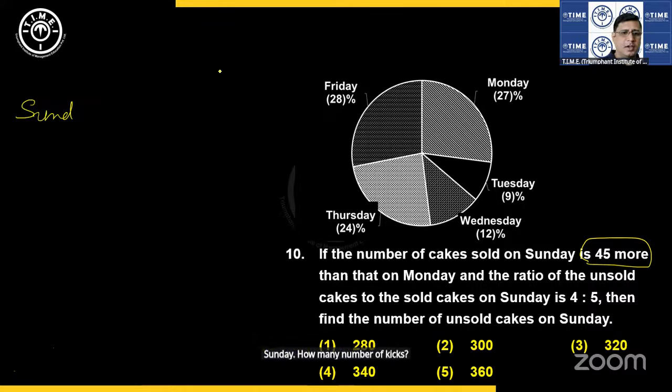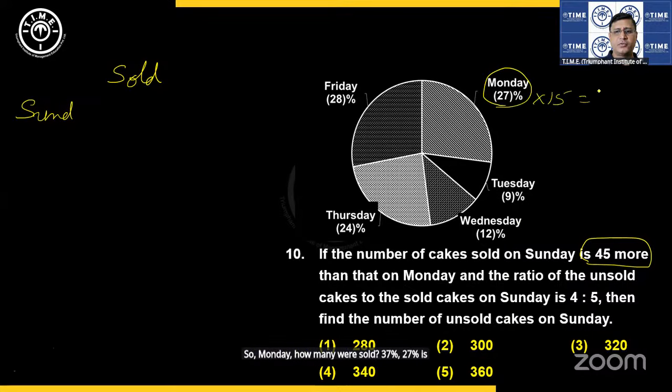The number of cakes sold on Sunday is 45 more than that of Monday. So Monday, how many were sold? 27%. 27% is 27 into 15. That is 405. 45 more means that is 450. Okay.